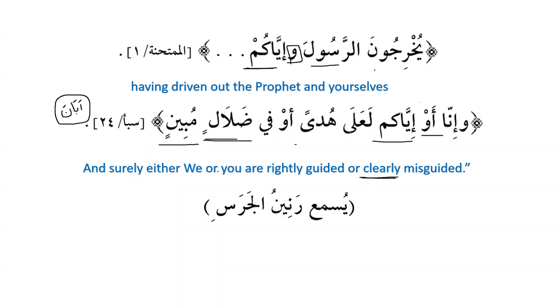To make something clear is abana yubinu ibanatan fahuwa mubinun. So okay, idafa yudifu idafatan fahuwa mudifun. And when you talk about the passive, then we say udifa yudafu idafatan fadhaka mudafun.